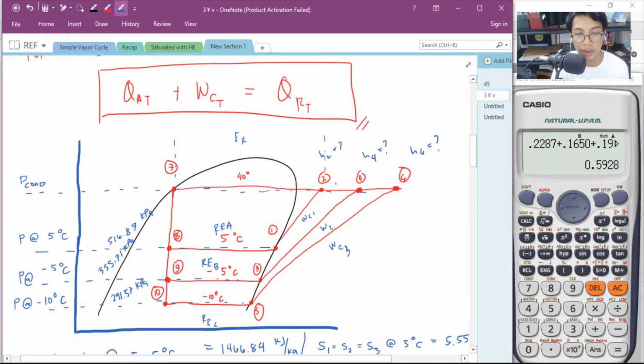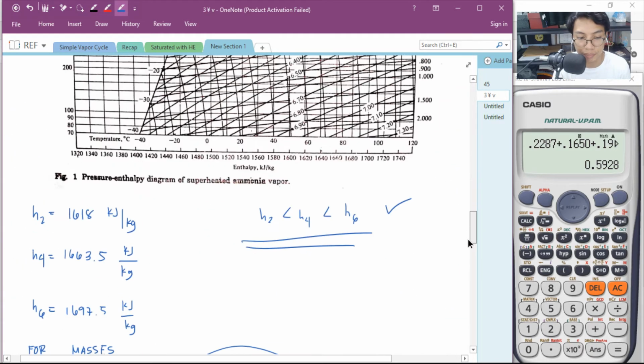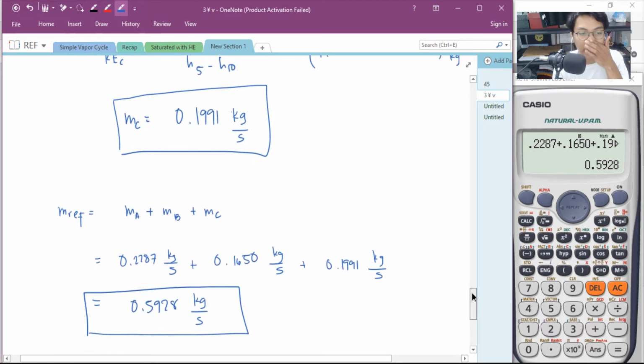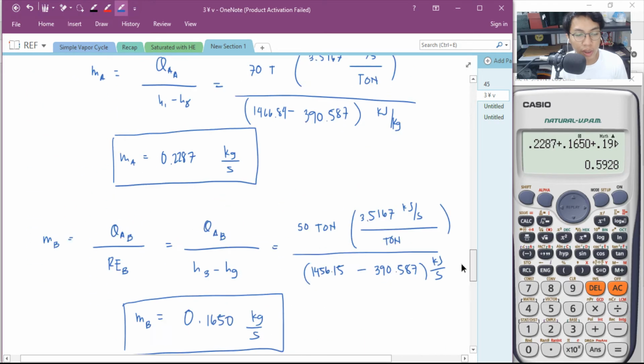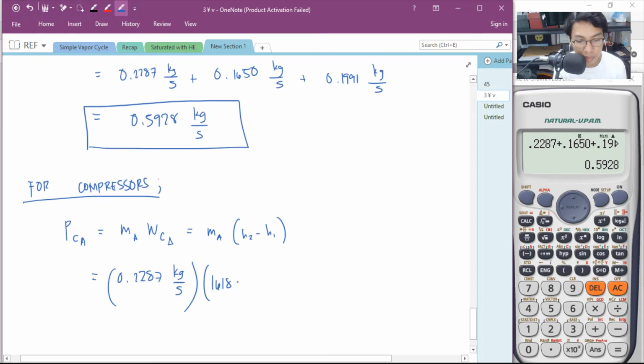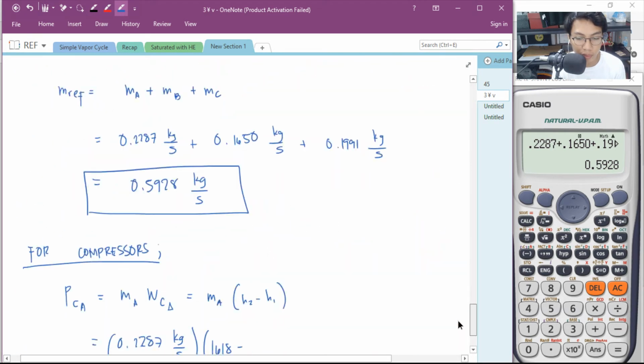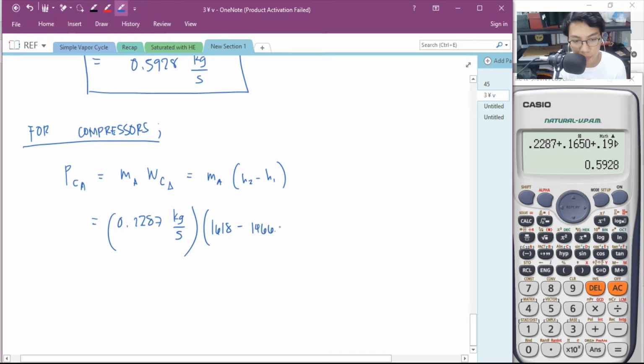Work ni compressor A. Pareho lang naman A, B, C. That is equal to 0.2287 kilogram in every second multiplied to H2 minus H1. Yun na yung kanina. Dapat maliit lang. H2, 1618 minus 1466.84 ata yan. Kilojoule per kilogram. Mamaya natin kunin yung sagot. That is kilowatt.